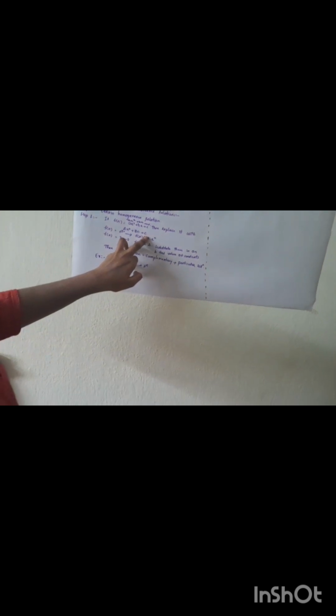Then based on the function f of n, if f of n equal to a n square plus b n plus c, then we need to replace a n with a n square plus b n plus c and find the values of those constants and obtain the particular solution.